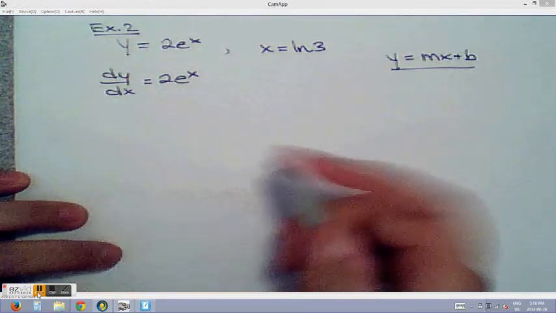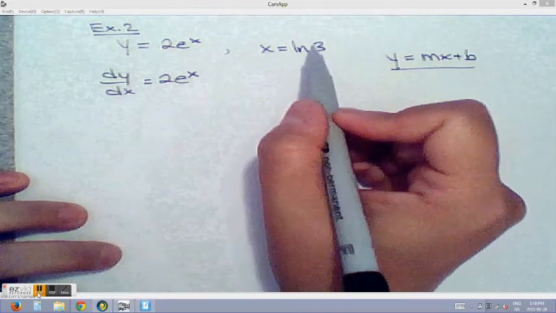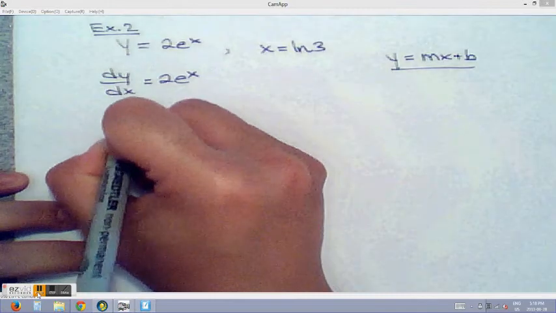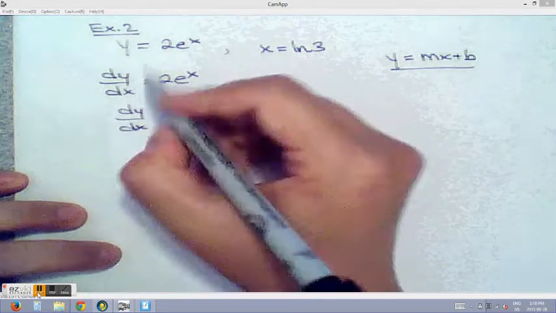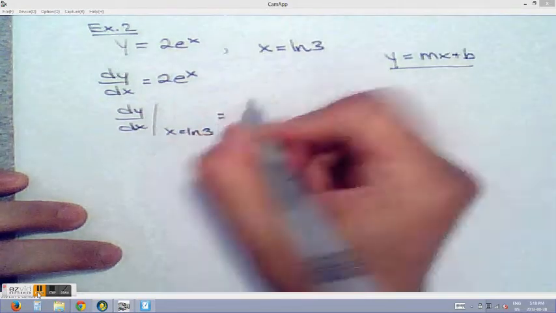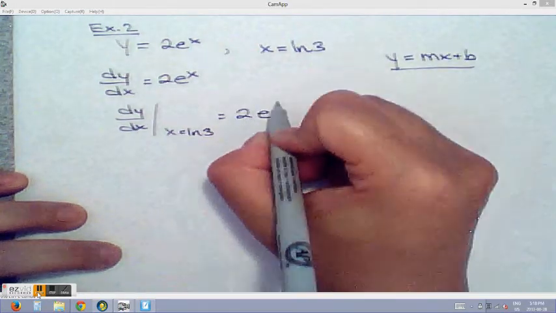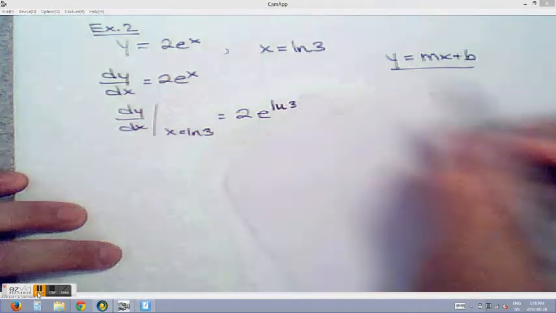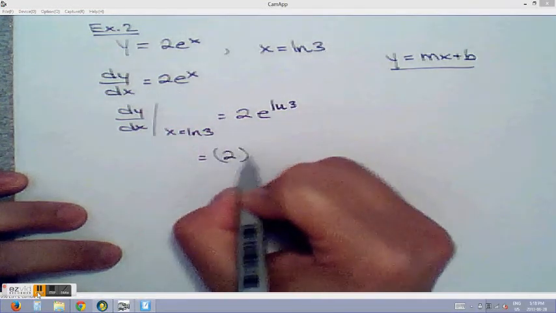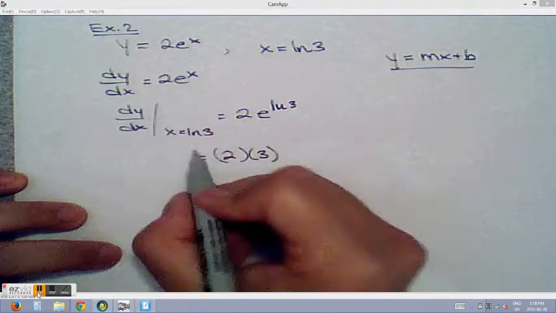Now subbing in for the value of x, dy/dx evaluated at x equals ln 3 is equal to 2e^(ln 3), which is simply equal to 2 times 3, and that is just 6.